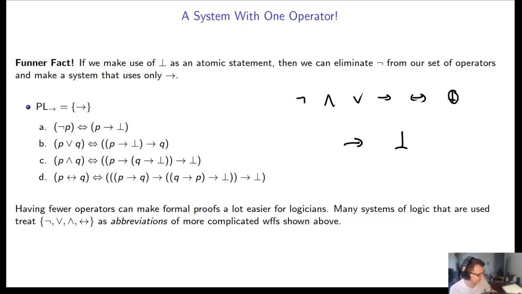That's all we actually need in our system. But as you can see, if we want to express something like P if and only if Q, we would have to write it as if P then Q, then Q then P, then contradiction. And that just loses all semblance of natural language.